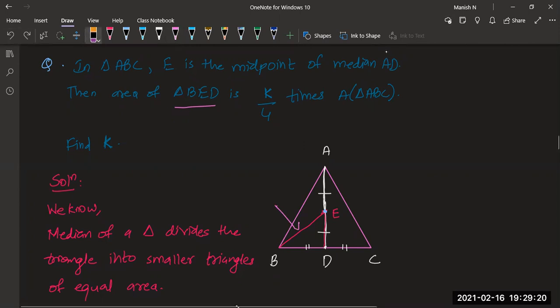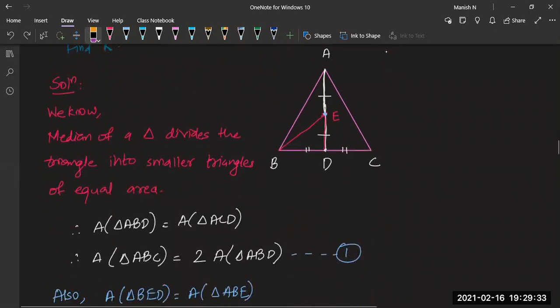So we know that the property of median is that a median divides the triangle into smaller triangles of equal area, right? Which means when median AD is drawn, area of triangle ABD would be equal to area of triangle ACD, because AD is the median.